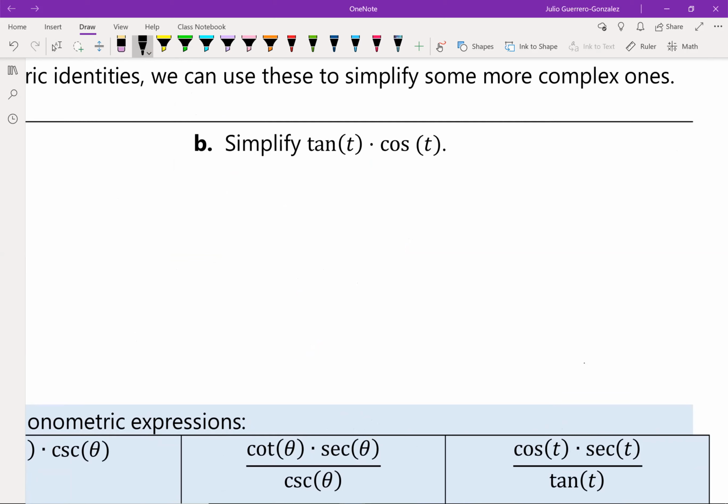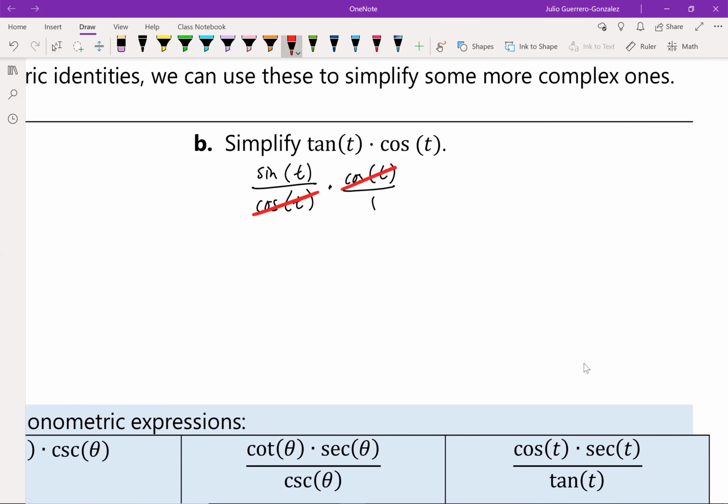This one is a little easier. So tangent is sine of t over cosine of t times cosine of t, right? And I'm going to do this because it's math. I can do that. Same thing, right? Cosines cancel out.